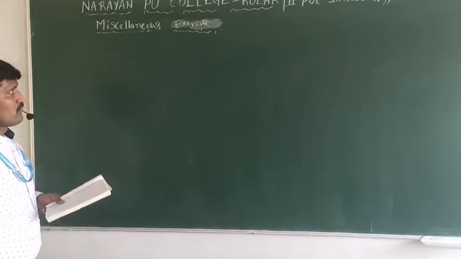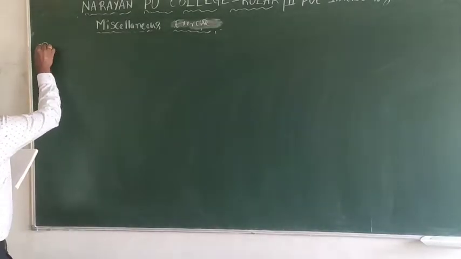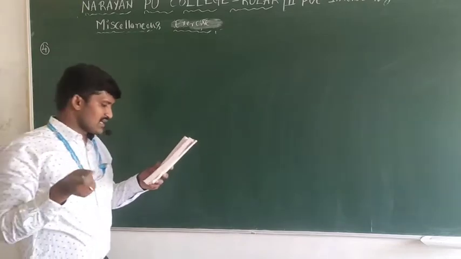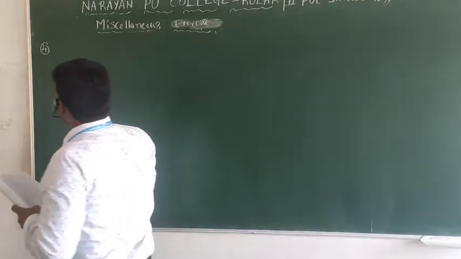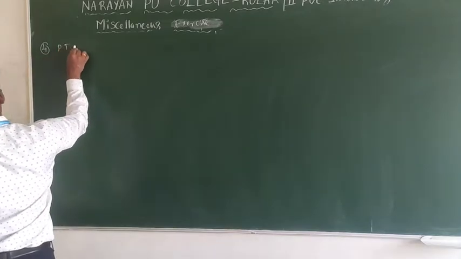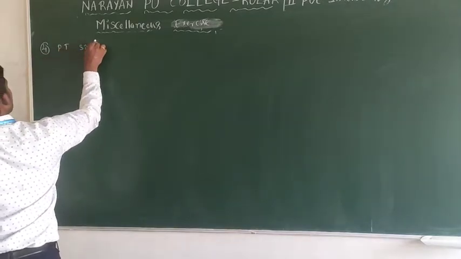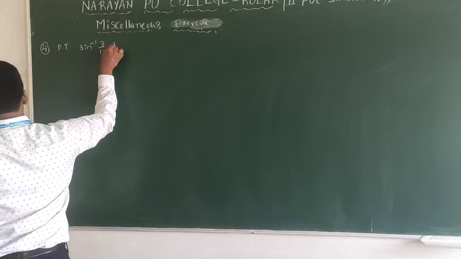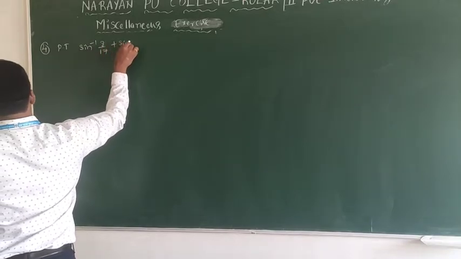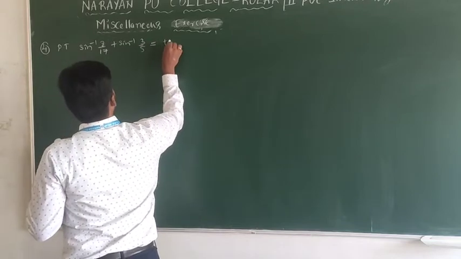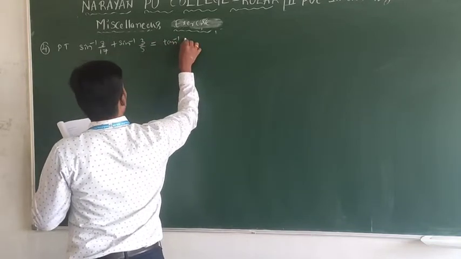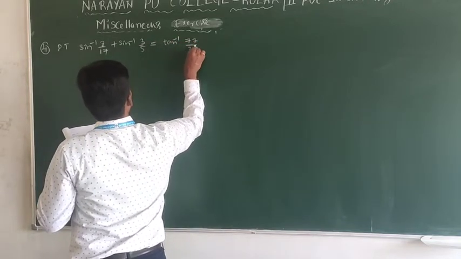Let's come to the next one, the fourth one. Next 4, 5, 6, 7, 8 are all one type of model. Fourth one, prove that sine inverse of 8 by 17 plus sine inverse of 3 by 5 equals tan inverse of 77 by 36.